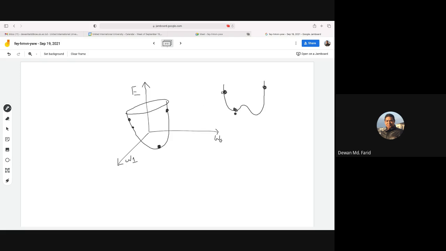And if you come to this point, this is called our global minima.